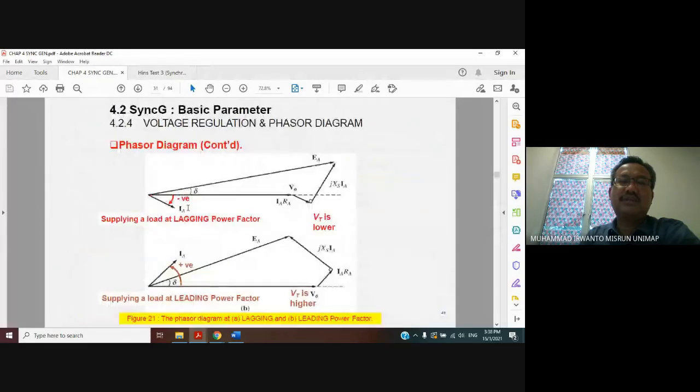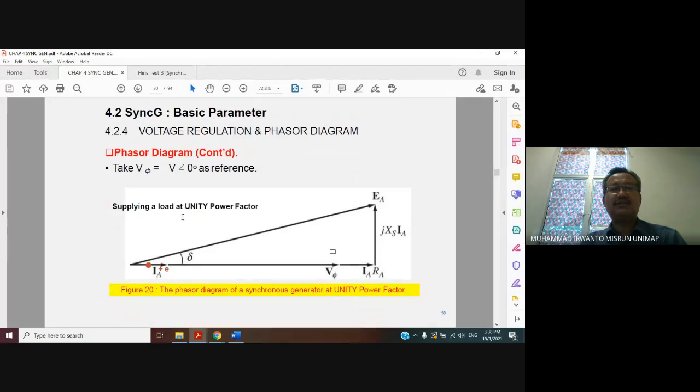Which one is unity? Unity first. Okay, unity. I repeat again: when we want to draw the phasor diagram, first you have to draw the phase voltage vector, for unity, lagging, and leading power factor.